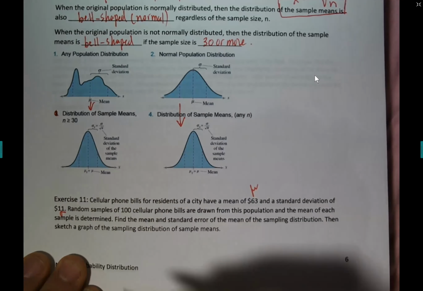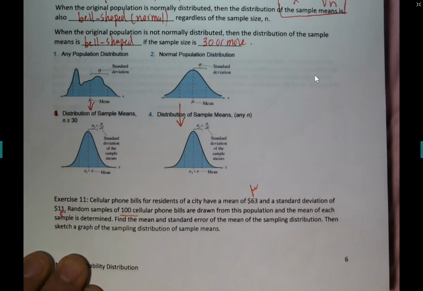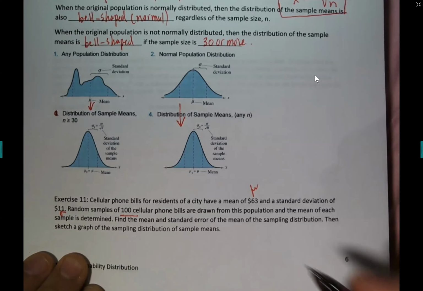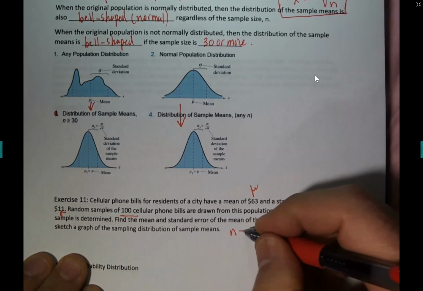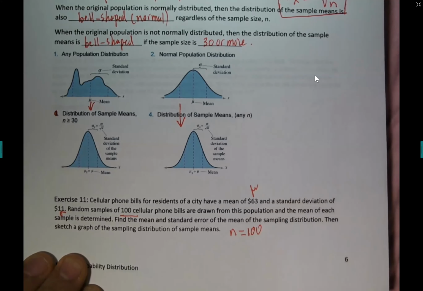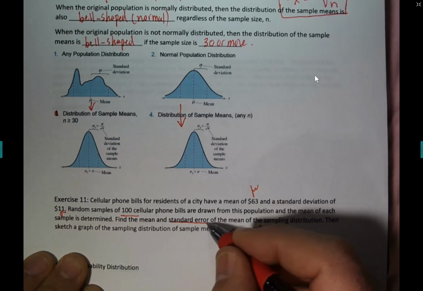A random sample of 100 cellular phone bills are drawn from this population. So the sample size is 100. N is 100 here.